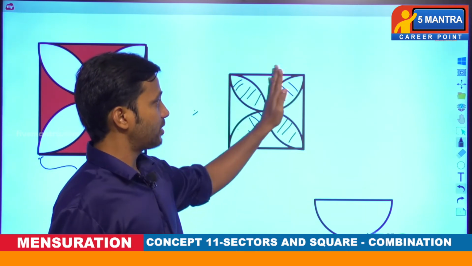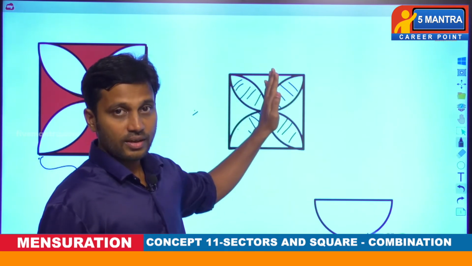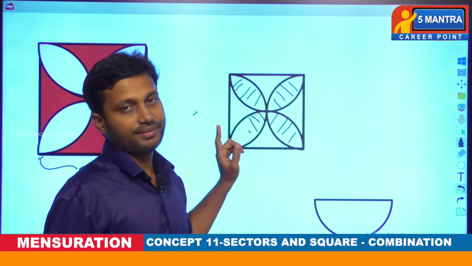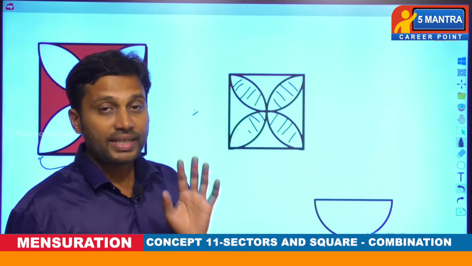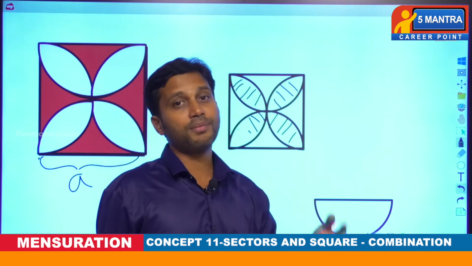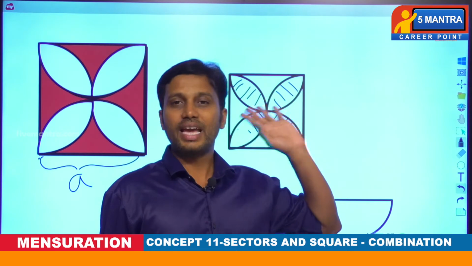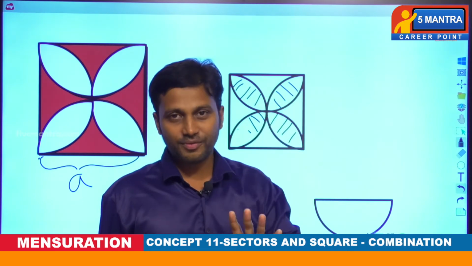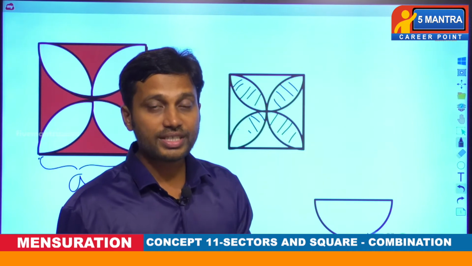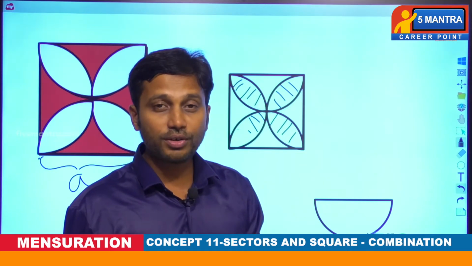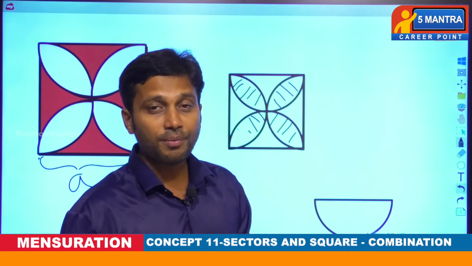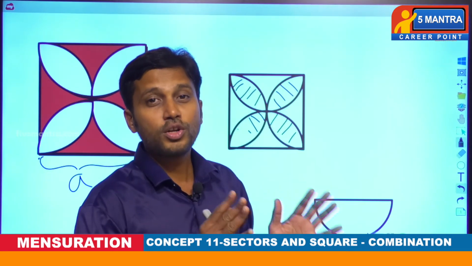The difference of the areas of four semicircles and the square represents this shade. Clear? But here we have to subtract the square area from the four semicircles area. That is the final thing. If you want to find the shaded region, we have to subtract the area of the square from the area of four semicircles.